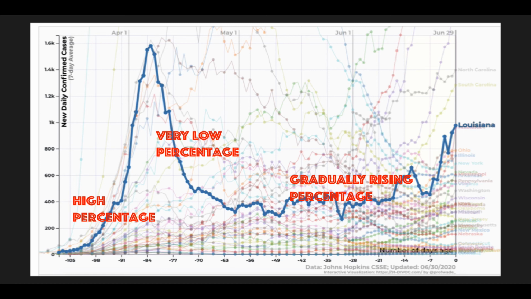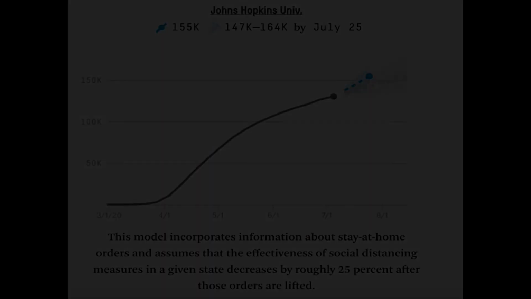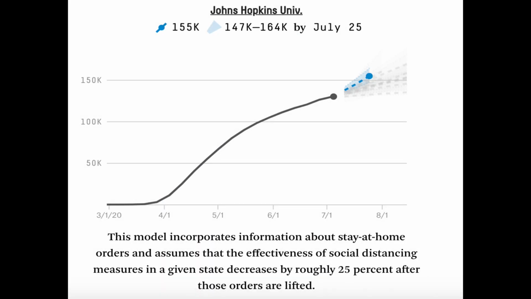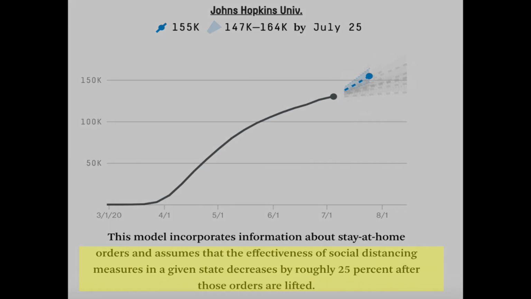Our model assumed a fixed percentage, when maybe what it should have been doing is thinking about how that percentage could change given different circumstances. This model by Johns Hopkins University shows that type of thinking. The effectiveness of social distancing decreases by 25% depending on the type of orders used.